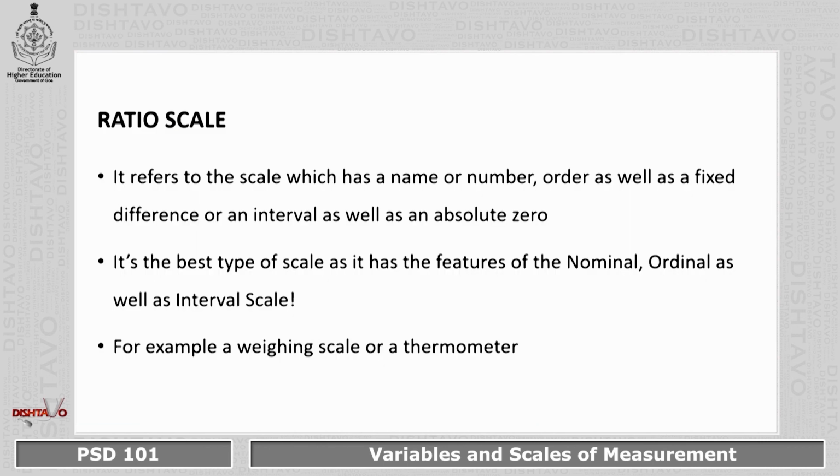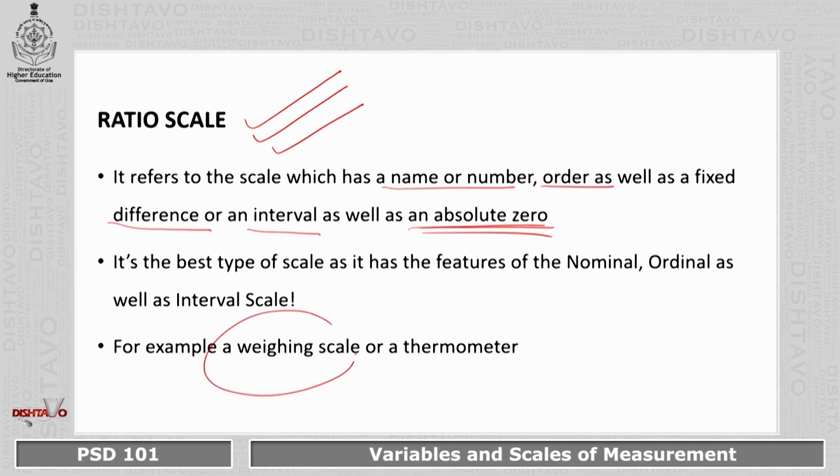The last type of scale is the best type of scale. Why? Because it has all these characteristics. It has a name and number, it has an order, it has a difference as well as an interval, and it also has a zero. So this is the best type of scale. We have all stepped on a weighing machine sometime or the other, and we see how it has zero, and it has certain indentations on it to show the scaling, that is 10 kilos, 20 kilos, 30 kilos.